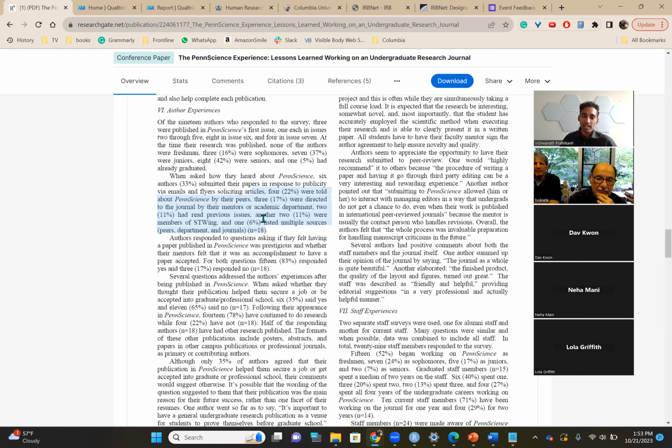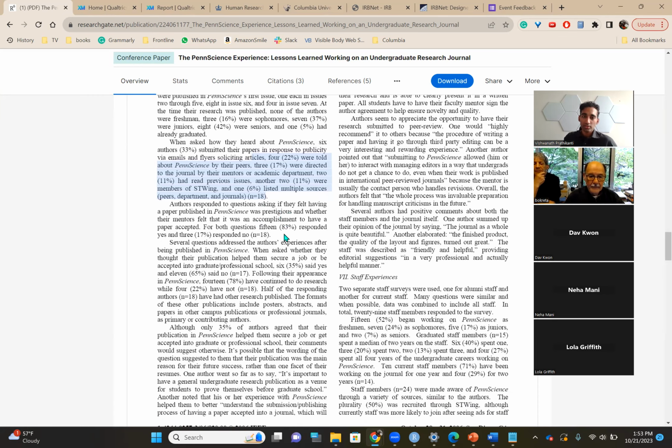workshop. I believe that every undergraduate research journal in the NUCSJ and beyond has the potential to make a research paper like this, and I think research papers like this are sorely lacking. This paper was written and published in 2006, and to date there hasn't been a single other paper written by undergraduate students.